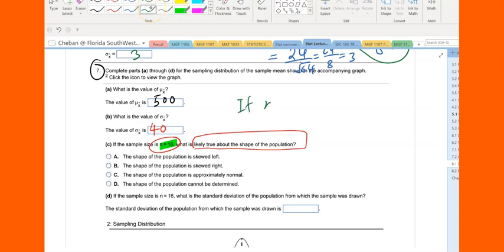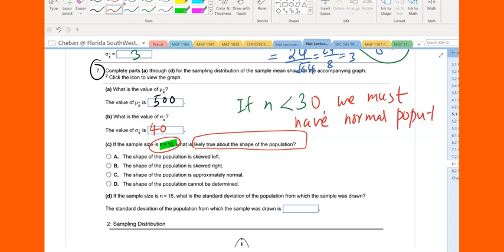If n is less than 30, we must have a normal population for the sampling distribution to be normal.